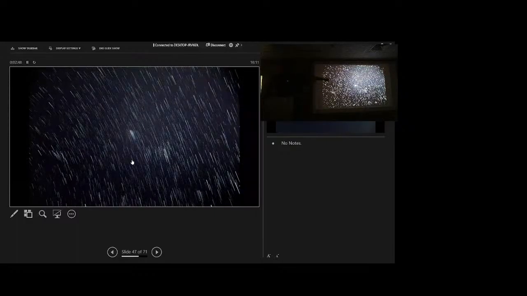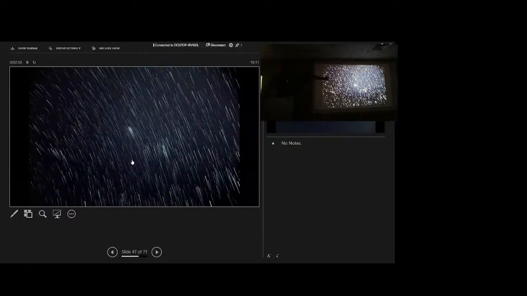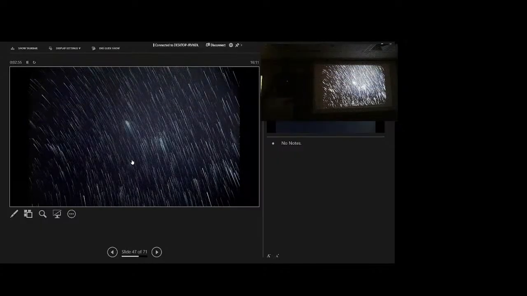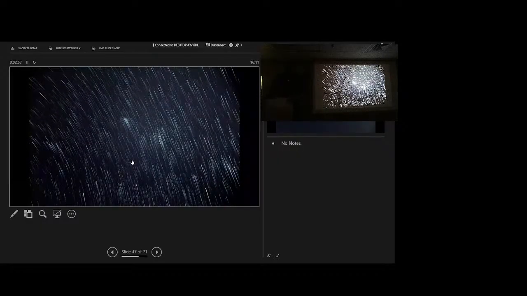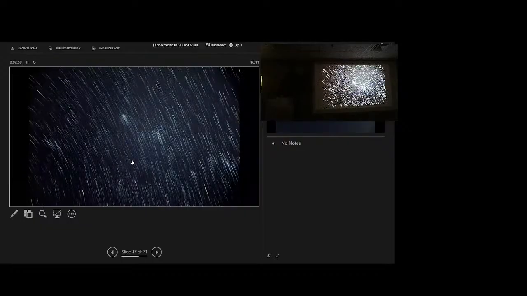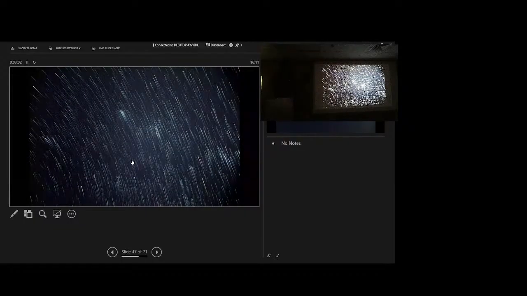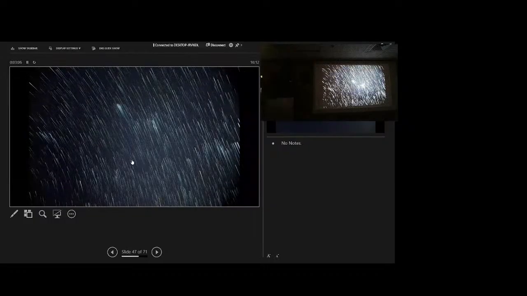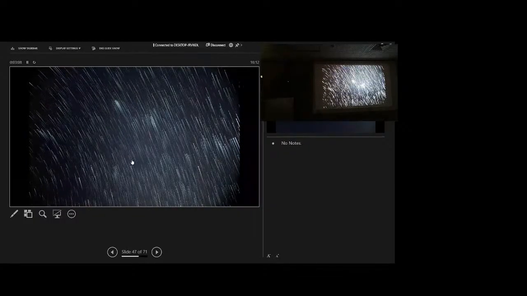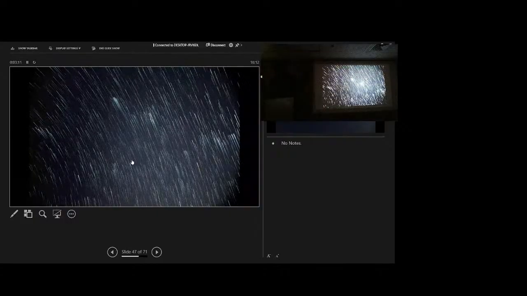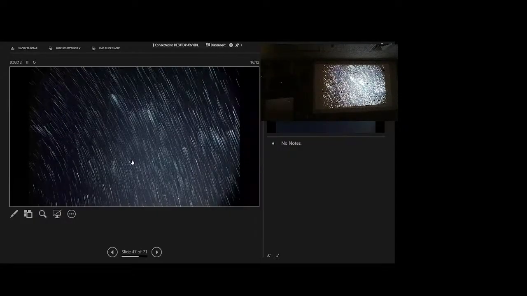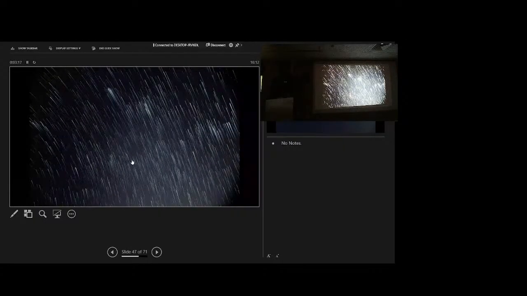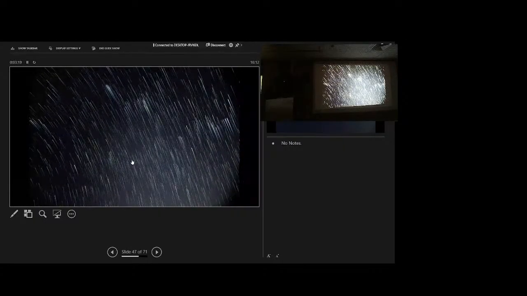Can someone tell me what's the big dense structure there in the center? Yeah, that is what I'm thinking.